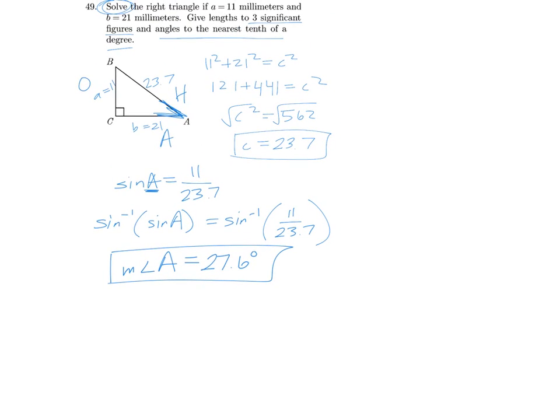Now if I want to figure out B, this will be my opposite, this will be my adjacent, this will be my hypotenuse. You choose which trig ratio you want to use. I'm going to use tangent for this one. Tangent of B is equal to opposite, which is 21, over adjacent, which is 11. So I have to take the inverse tangent of both sides.